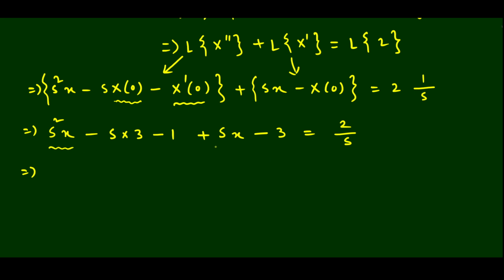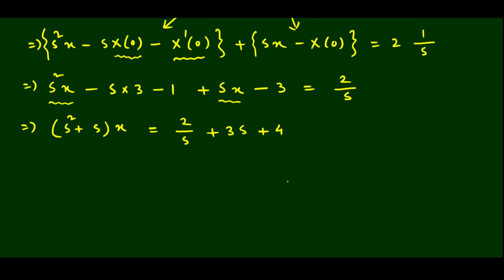You'll see two X terms, 1 and 2. So if you take X common, it will be s square plus s times X. Then on the right hand side we have 2 by s. Then let us take the minus 3s to the right hand side as plus 3s. And then minus 1 minus 3 is minus 4, so it will be plus 4.